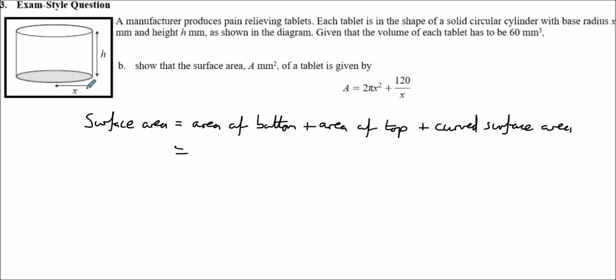So the area of the bottom is just the area of a circle, which is pi times the radius squared, which is x squared. The area of the top is going to be the same.